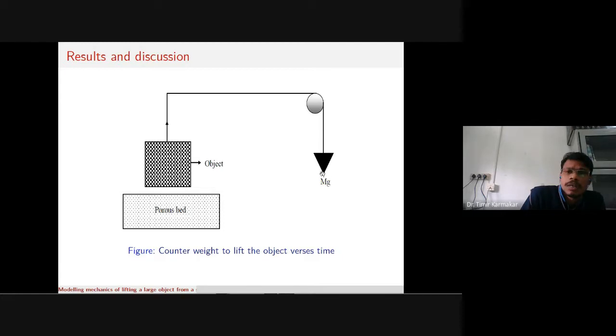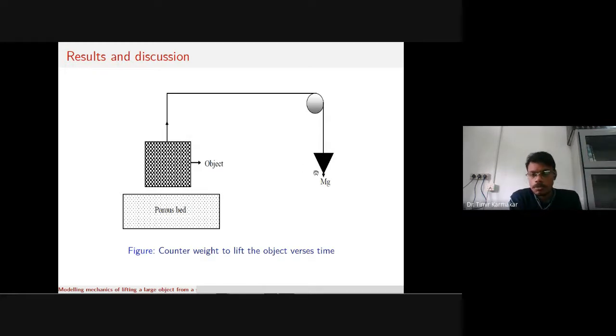So this is an object we want to lift up from this porous seabed, and we are giving a counterweight. So this will break out. Then the breakout force will be equal to the weight of this counterweight object.